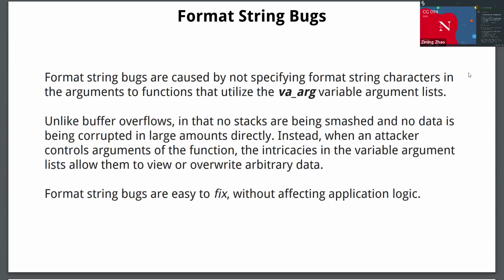So far in this class, we have been looking at functions with a fixed number of parameters, except those printf functions, right? Printf functions can take many parameters. So it's a little bit different from buffer overflow. Technically, this kind of bug can be easily fixed at the source code level.